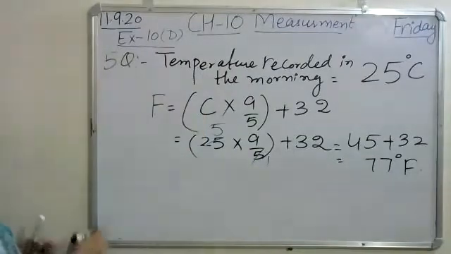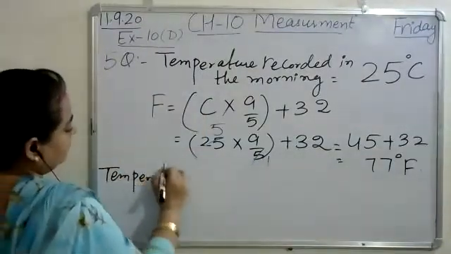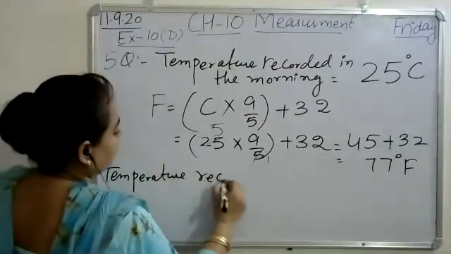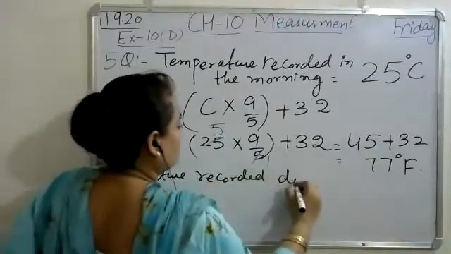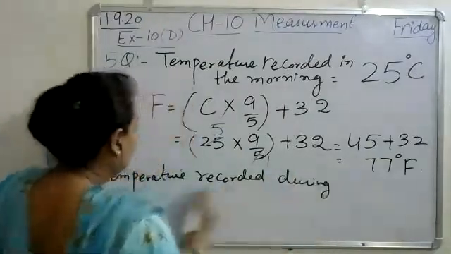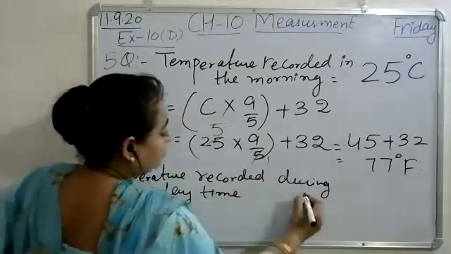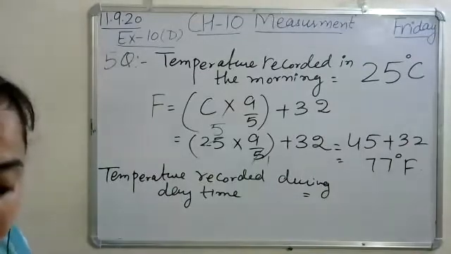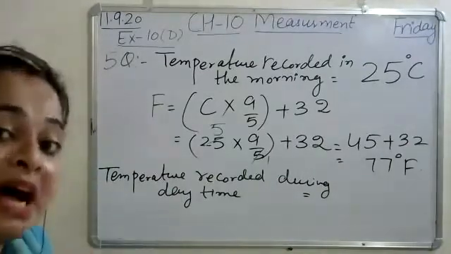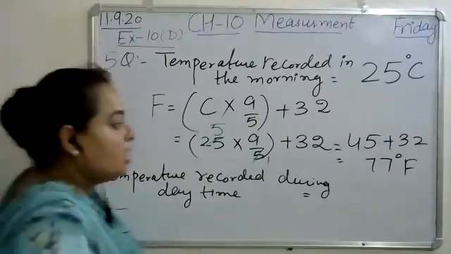Now write down, temperature recorded during daytime. Now, during daytime, the temperature increased by 10 degrees Fahrenheit.